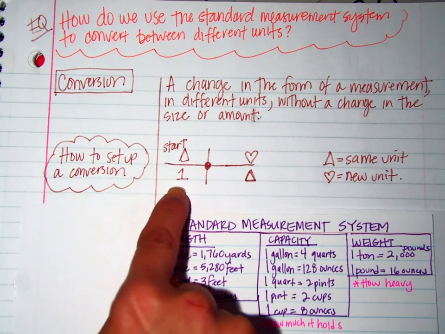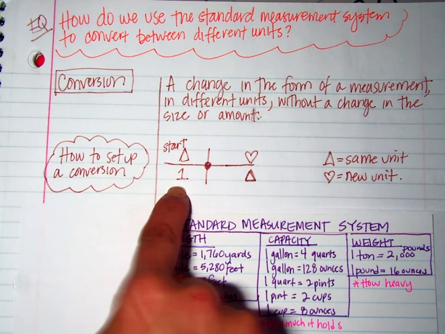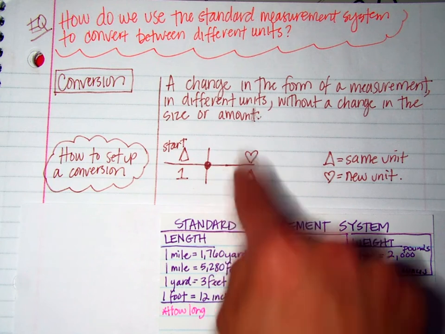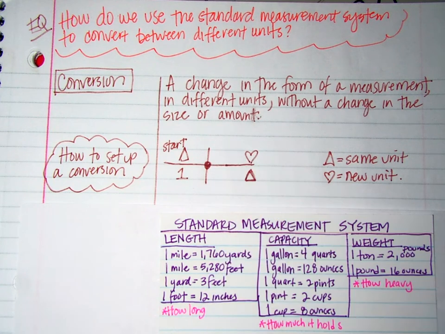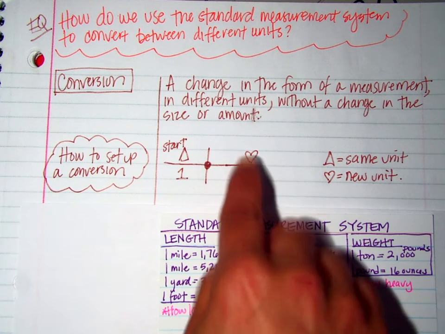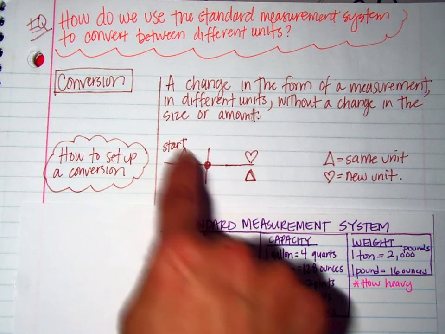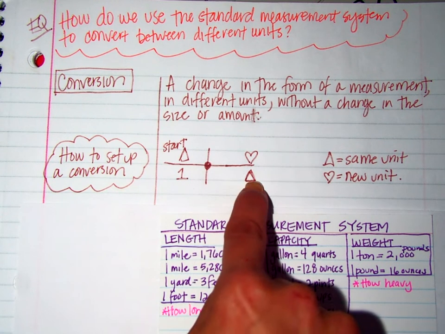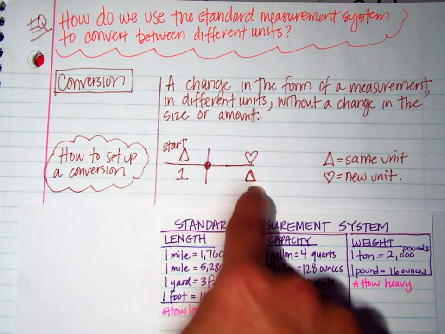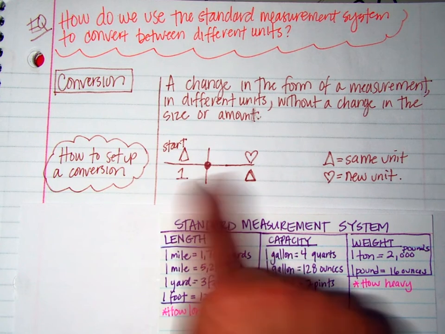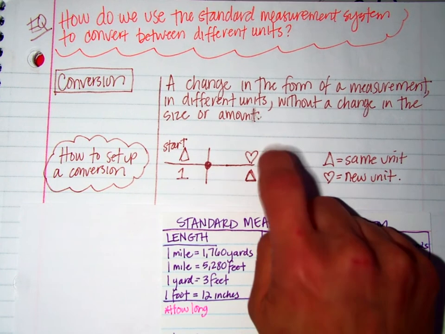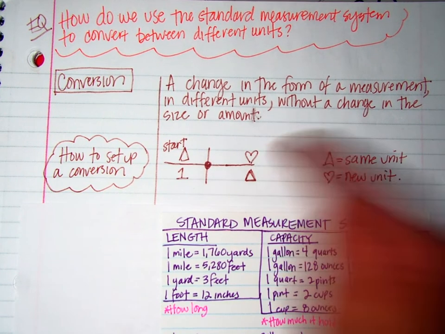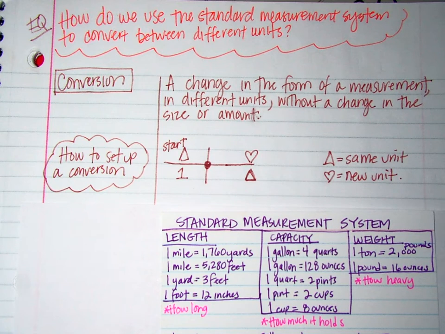That number is always going to be over 1. Then the second fraction or third fraction, depending on how many conversions you need, we always want our same unit to be diagonal from each other because we're trying to get rid of it. And then our new unit is always going to be on top of that fraction because that's what we want, okay? So let's get started.